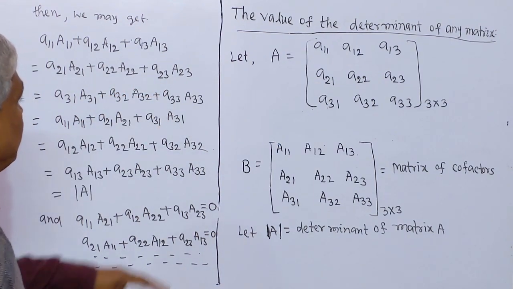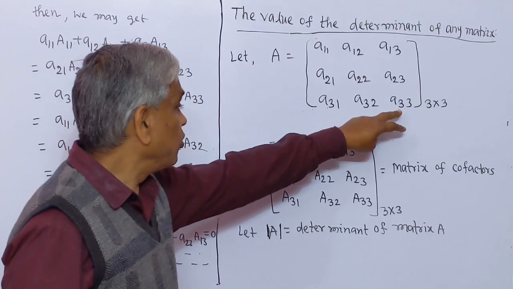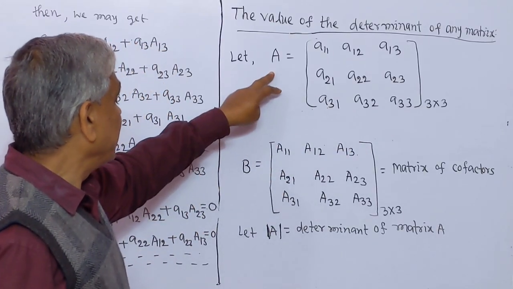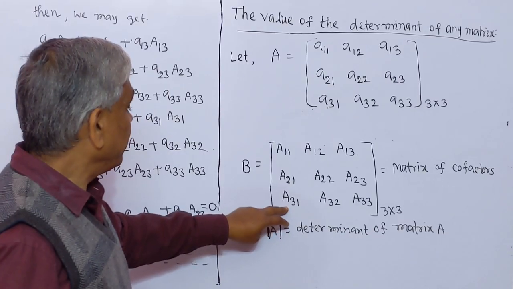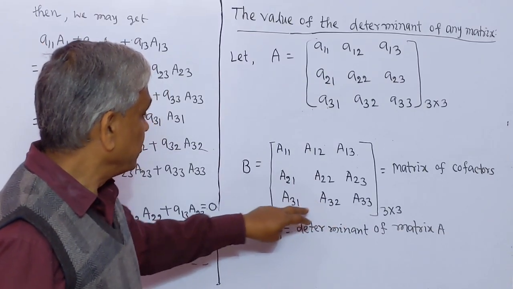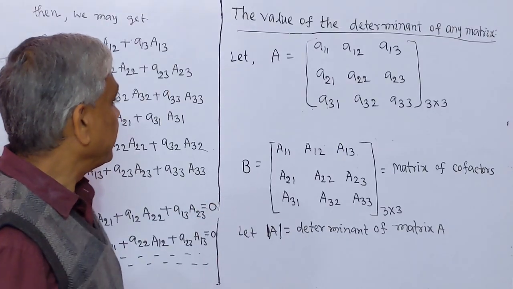Similarly, if we take elements of third row of matrix A and multiply with the corresponding cofactors, third row of matrix B, and add them.